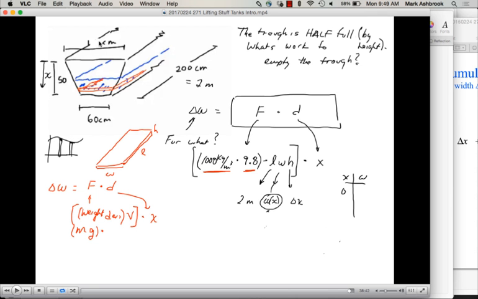Sorry, it's a 0. So when x is 0, and it's about the relationship of the sides, it's not about where the water is. So we're just trying to get the relationship of the sides. When x is 0, width is 1 meter. What else do we know?